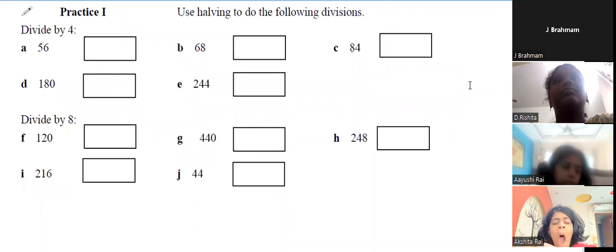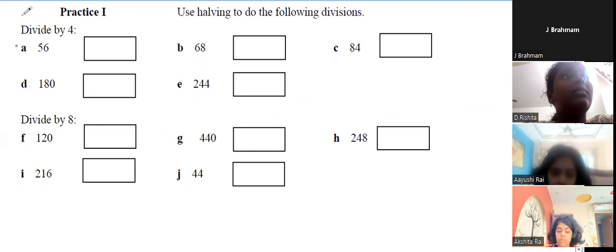Again, we'll start with Rishita. Your question is A, first question. You have to divide this number by 4. You don't need to divide directly by 4.